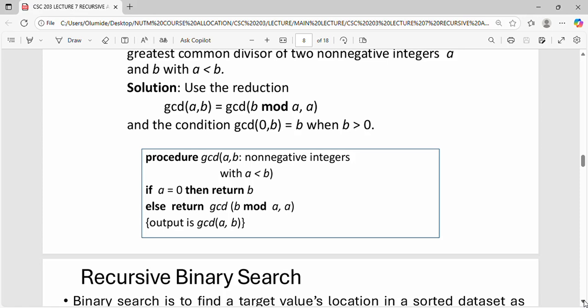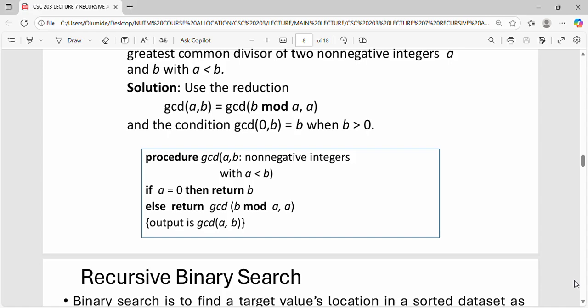If we look at GCD, for instance, let's look at two numbers, 6 and 9. What is the greatest common divisor there? The greatest is 3. Right. And this uses the modulo approach. That is b modulo a, then a. By so doing, this particular function will help to derive the GCD for two numbers.